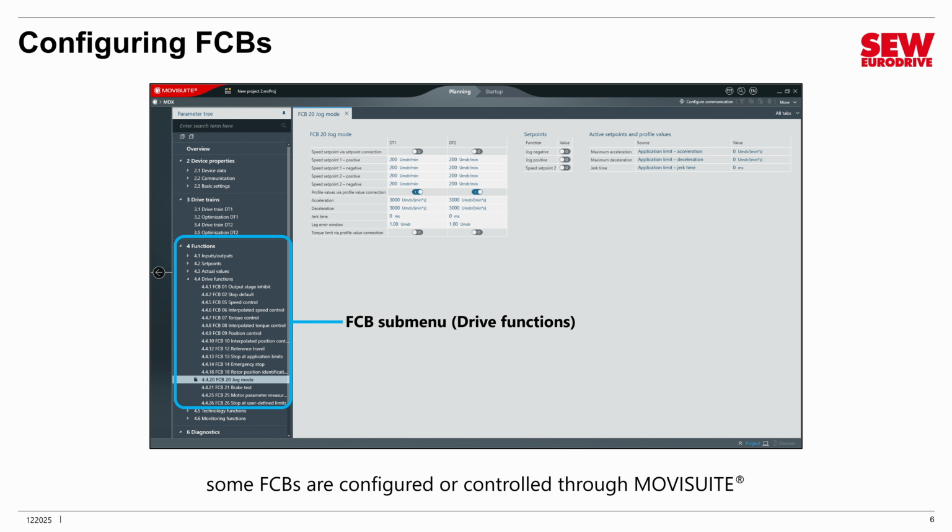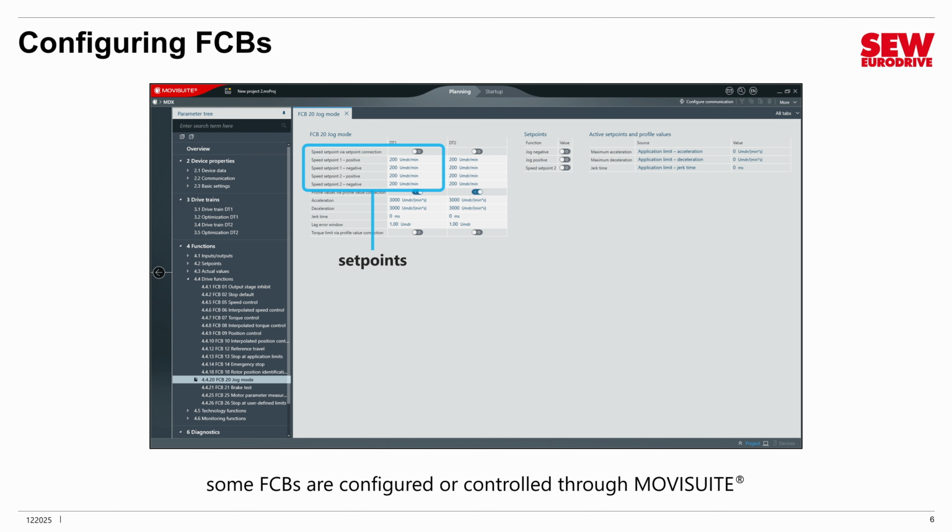And if you double-click on any one of those, you'll get its settings page, and in many cases, you'll be able to configure some of the data sources that feed the FCBs. I'm looking here at FCB 20, which controls jog mode. It has a lot of good examples of things you can set right through MOVI-Suite. For example, you can set the set points, which control the speed when you're jogging.